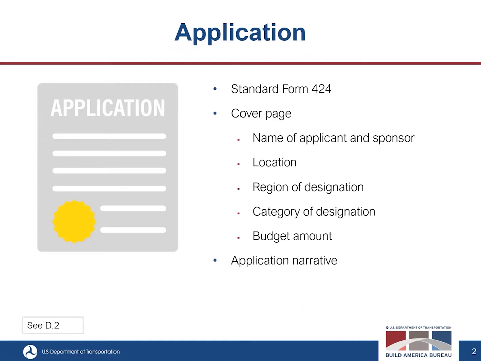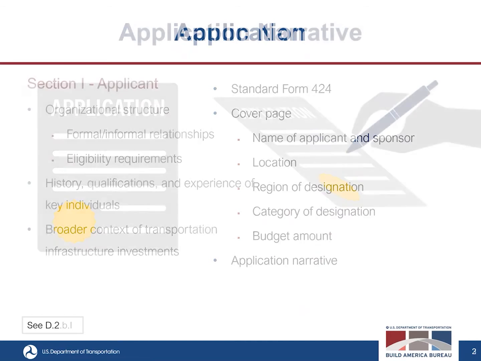The cover page should summarize each application to include the name of the sponsor of the applicant, the location, region of designation, the category of designation for which the applicant is to be considered, whether it's state, multi-state, rural, or urban, and the budget amount requested in the proposal.